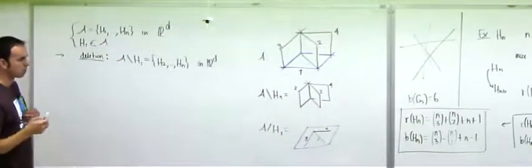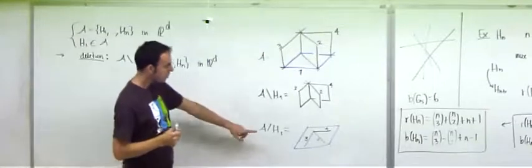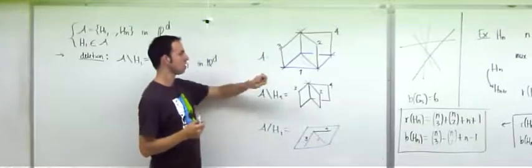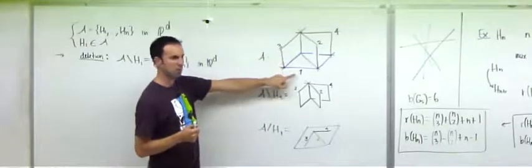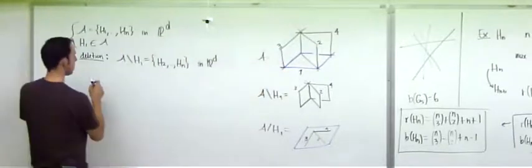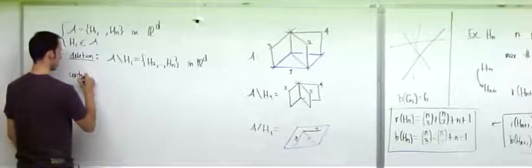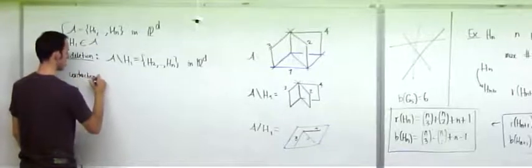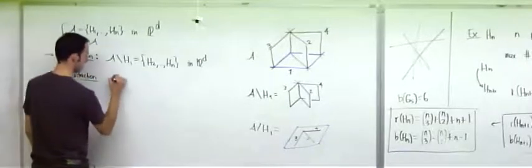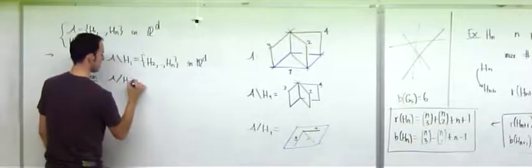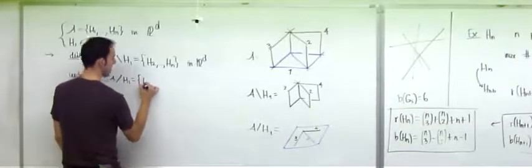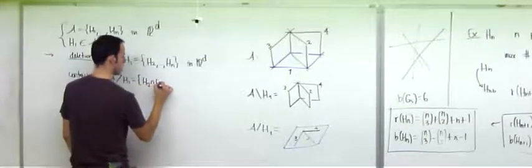So all I'm doing is considering the intersections of every one of the hyperplanes with that special hyperplane H1, and I'm calling that the contraction, denoted like this, and is what you obtain by intersecting each one of the other hyperplanes with H1.